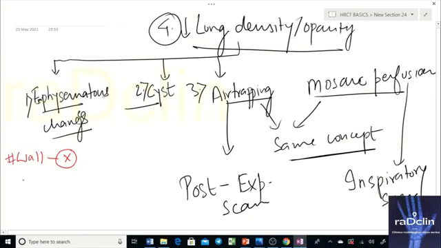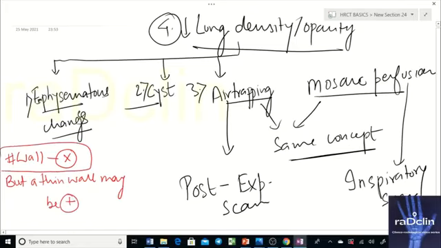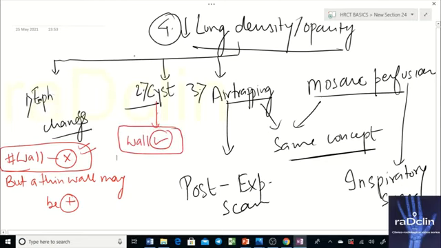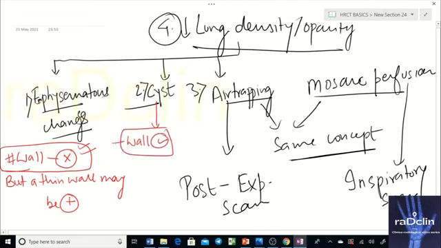A thin wall may be present, but in classical emphysematous changes, the wall is absent, and that is what differentiates them from a cyst, because in a cyst you have a wall. Another thing that differentiates them, where you have a wall, is that cysts are round to oval and circumscribed.